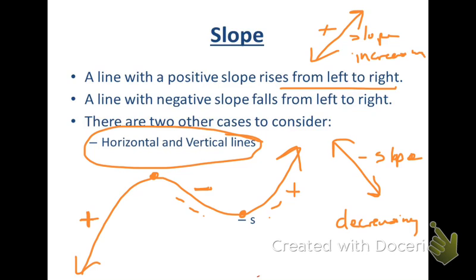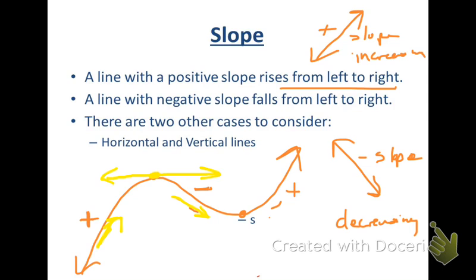Okay? Now, as this function is increasing, right? Does everybody understand what I'm talking about? Over here, I'm increasing because my slope is up and to the right. Right here, I'm decreasing, which means my slope is down to the right. Okay? What's the slope doing right here at the peak? Nothing. It's not increasing or decreasing. Looks like it is horizontal, right?